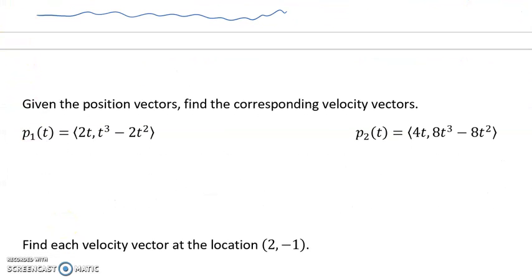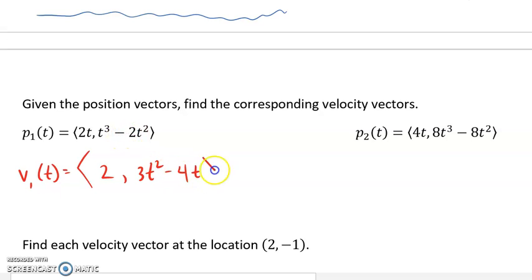For P1, we have V1 is going to be, it's as simple as two baby derivatives, right? The derivative of 2t is 2. The derivative of t cubed is 3t squared, and negative 4t for the negative 2t squared. That's it. That is the velocity vector. There's nothing else to it. It is the vector that represents the x and y components of this particle's velocity.